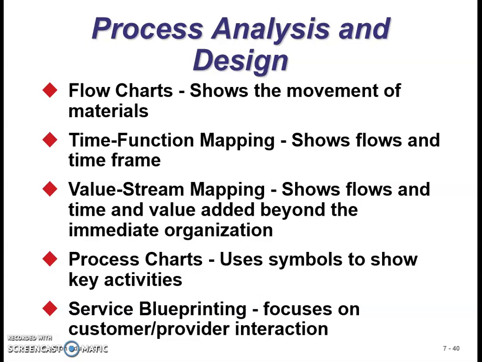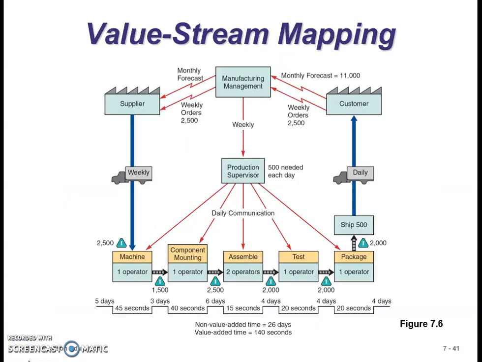For process chart, normally we use symbols, and the last part is service blueprint, where we focus on the customer or service interactions, how a service provider will interact with the customer. Okay, for examples, here we have a value stream mapping. It is more complex, where it consists of suppliers up to the customer.